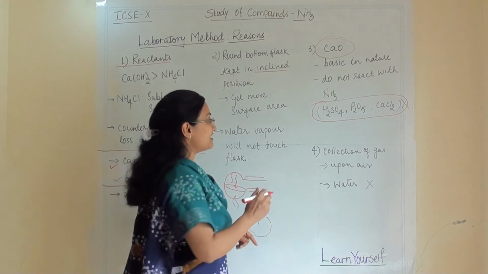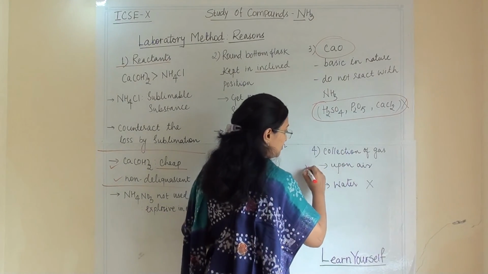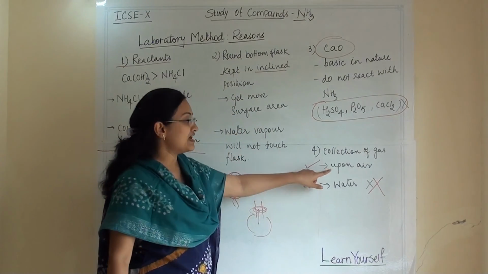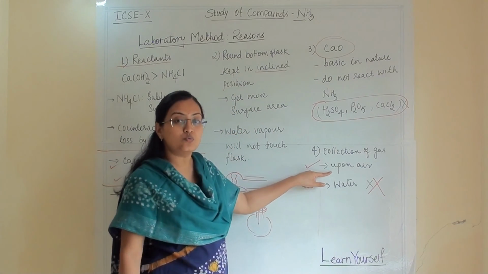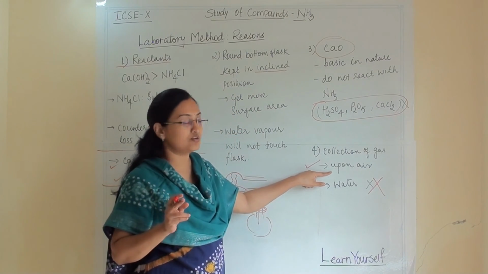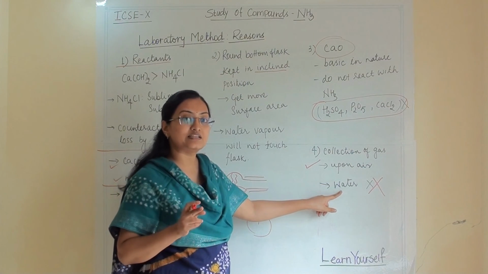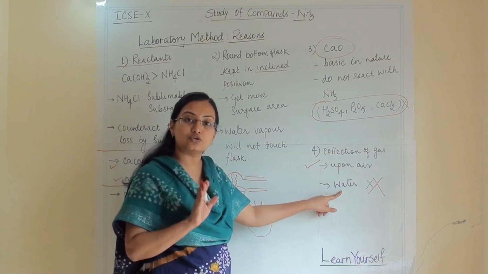Then fourth, we are collecting the gas over air and not over water. We are collecting it by downward displacement of air because it is lighter than air, and we are not collecting it over water because it is soluble in water.